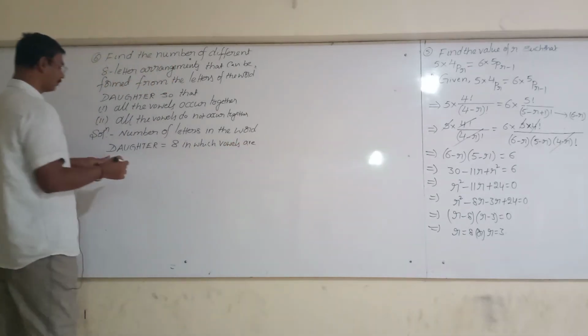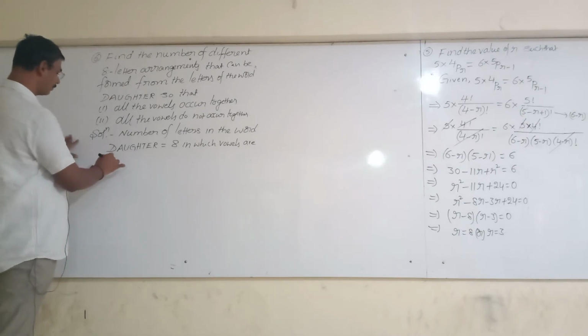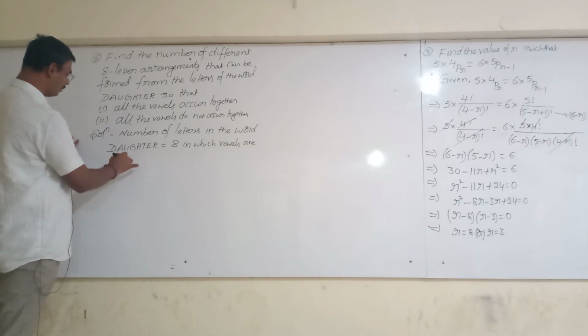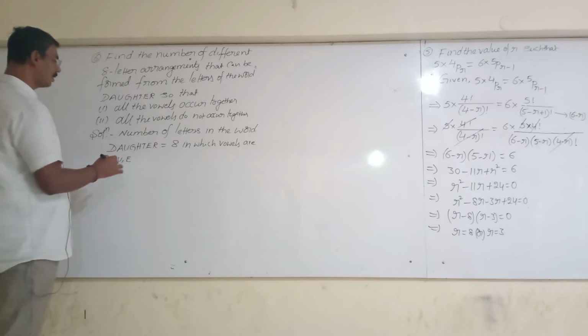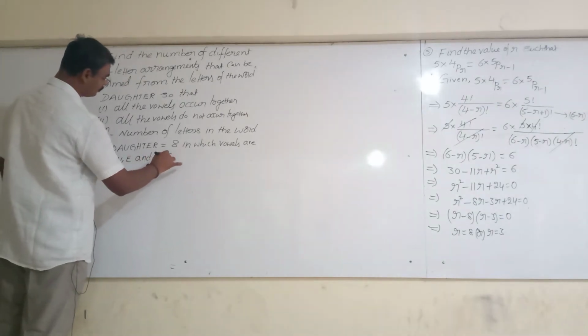Vowels are, what are the vowels? A, U, E. Only 3 vowels are there.